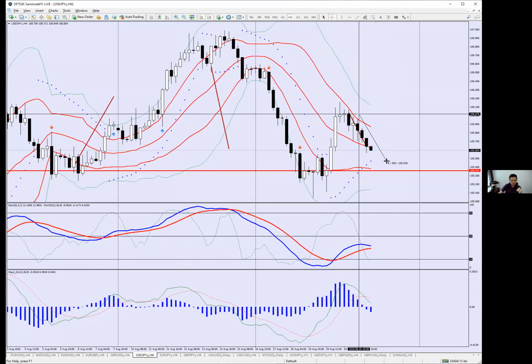Possibly it will continue towards the 105.40 level before we see whether it's going to break or bounce at this point. This is also the reason why I say make sure you take some action from these currency calls, because we are drawing fantastic lines, fantastic projections. Make sure you try and take some action on that.